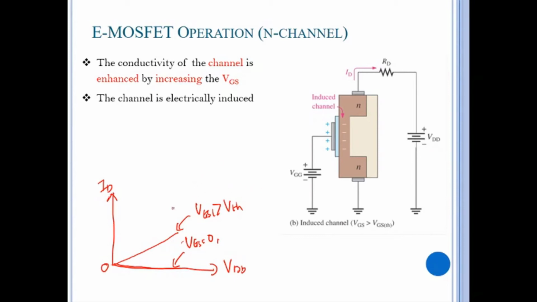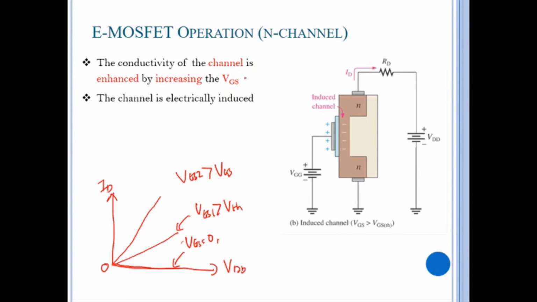Next, what if we apply a gate voltage higher than the previous gate voltage? Let's say VGS2 is higher than VGS1. What will happen? We will have a much lower resistance channel, so the drain current will be much higher than in the case where we apply VGS1.